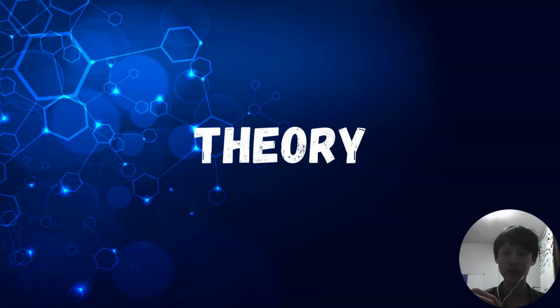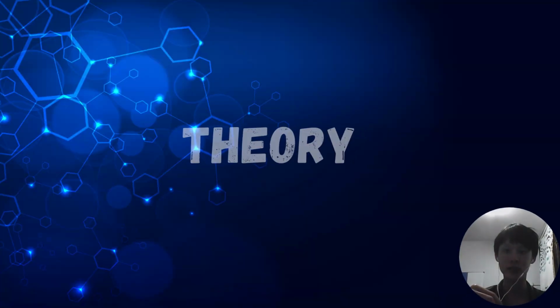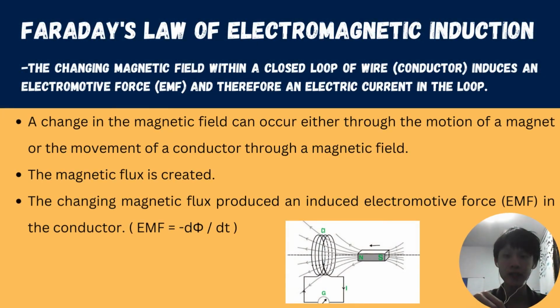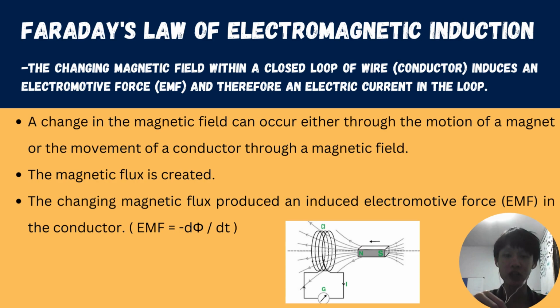Next, I will present the theory of this experiment. The theory is explained by Faraday's law of electromagnetic induction, which states that a changing magnetic field within a closed loop of wire induces an electromotive force and electric current in the loop. Firstly, in order to produce induced current, a changing magnetic field is necessary.